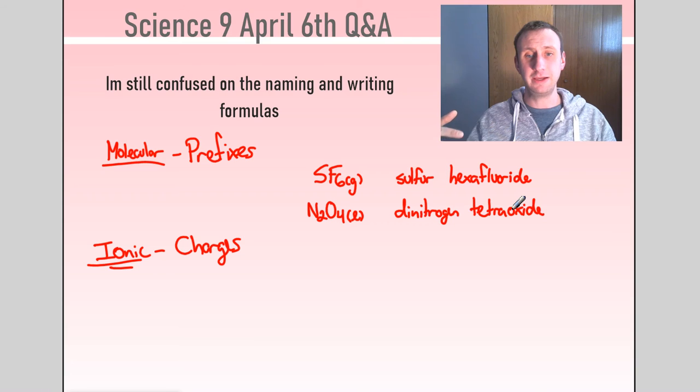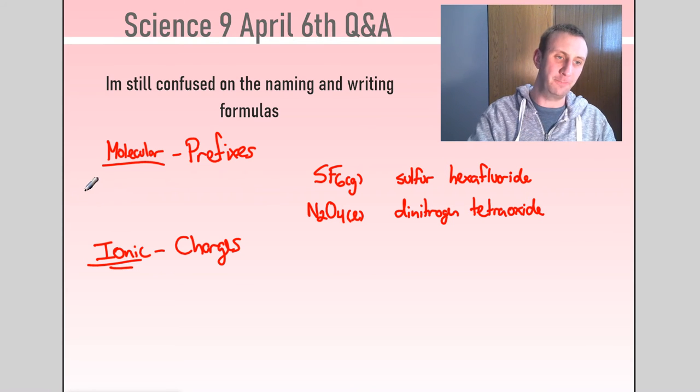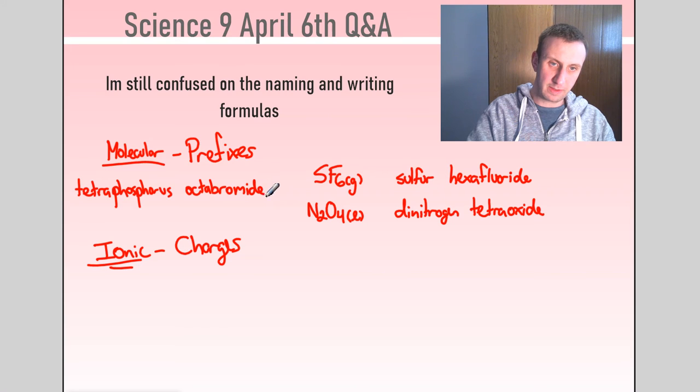When I'm going the other way, it's really easy, right? Because I just use the prefixes to tell how many I have of stuff. So di means I got 2, so I make sure I have a 2 as a subscript number after the thing that I'm talking about. So let's say, let's go crazy here, I've got tetra phosphorus octa bromide is the name.